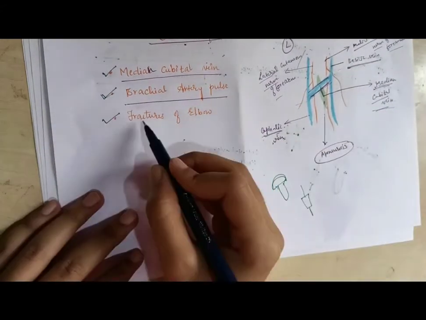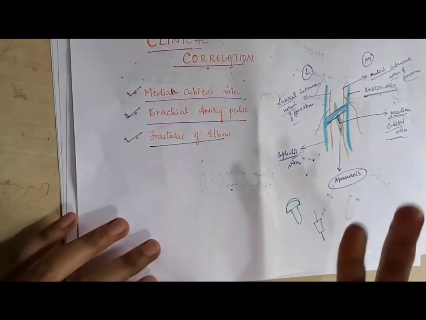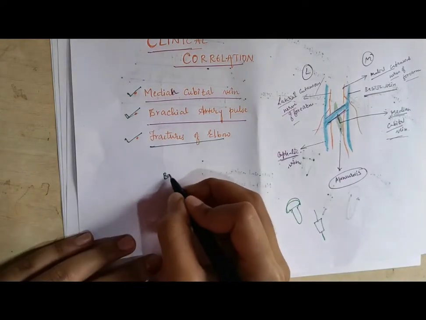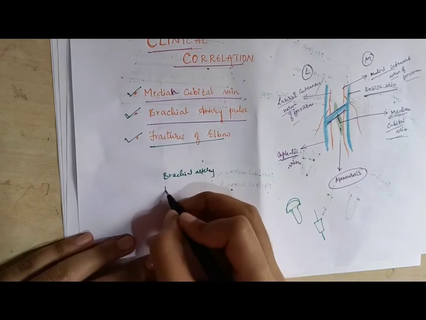And next, talking about the fractures of the elbow. So you have very important structures. One is the brachial artery, and one more is your median nerve.